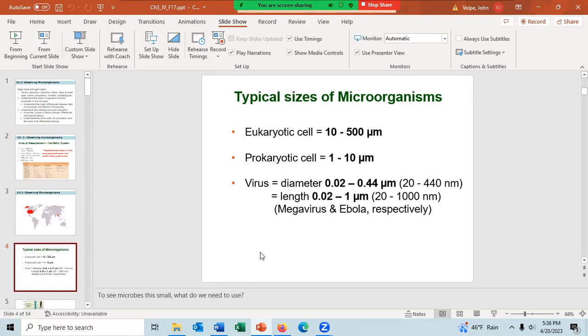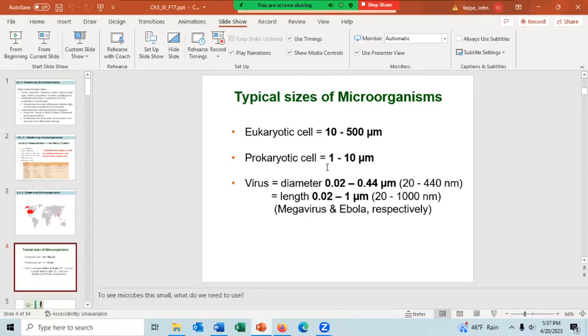All right, some typical sizes of microorganisms. Eukaryotic cells are about 10 times larger than prokaryotic cells. And this is a range, and obviously different authors have different ranges. The very smallest prokaryotic cell is about 0.4 micrometers.